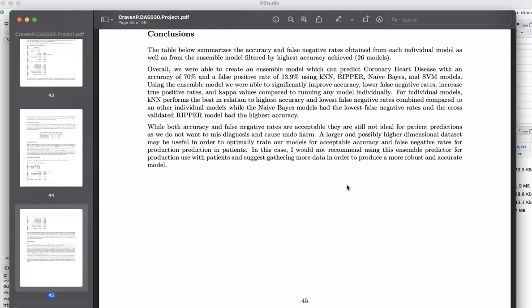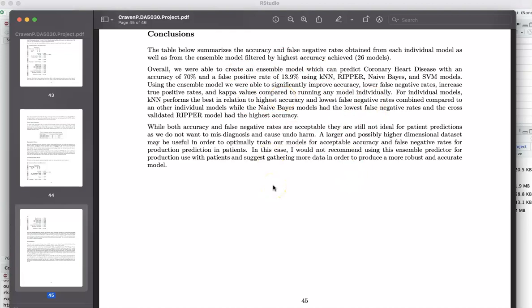However, in my opinion, this model is still not good enough to test in patients. We would want the accuracy to be much higher. We would probably want the false positive rate to be like 5% or less, ideally like 3% or less. So I wouldn't suggest using this in any sort of production sense.